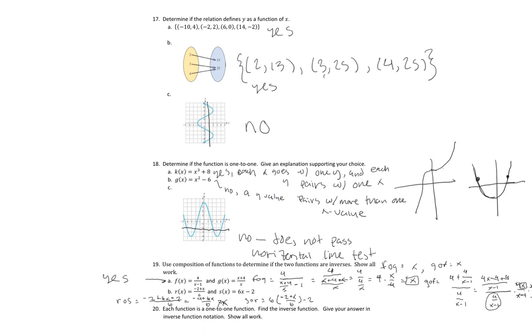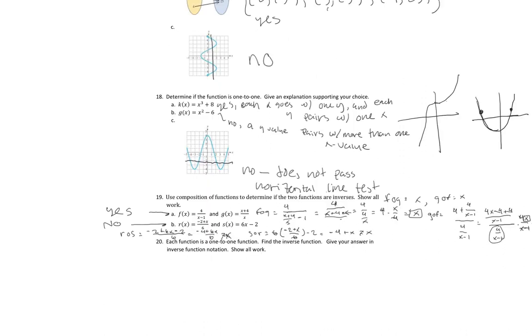So then we can cancel those 6's out, and we're left with negative 2 plus x plus negative 2. I'm just going to combine those negative 2's, and that's going to give us negative 4 plus x, which does not equal x. And so we know that the answer to this one is going to be no.